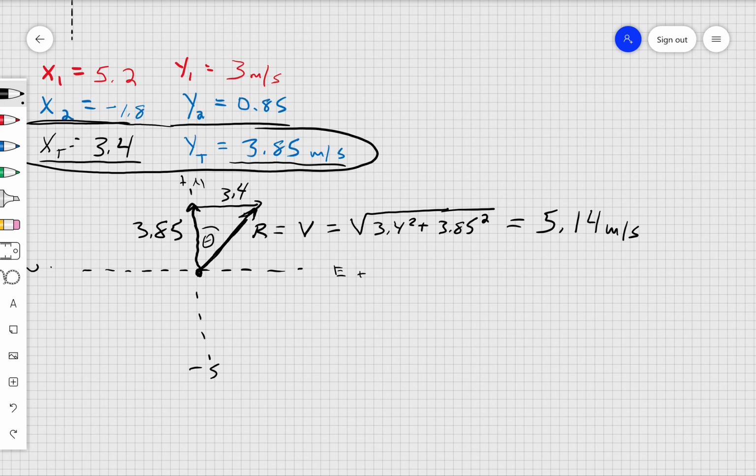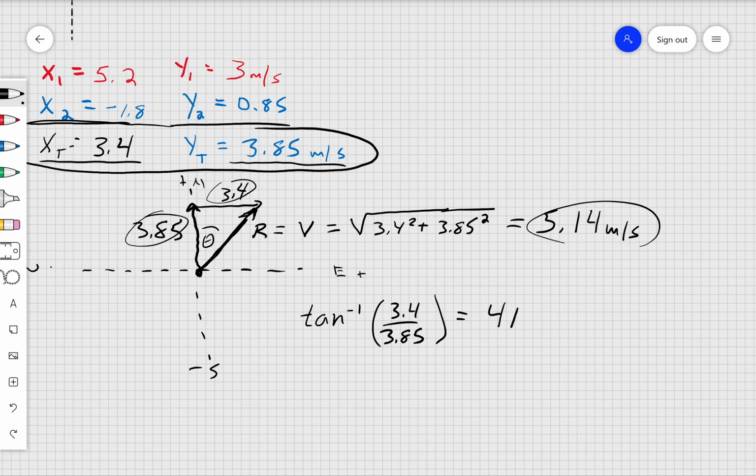So if I use the opposite and the adjacent side, now guys, I know all three sides at this point. I could use any function that I wanted, but this opposite and adjacent, I want the angle, so the inverse tangent of opposite over adjacent gives me an angle of 41.4 degrees or so.